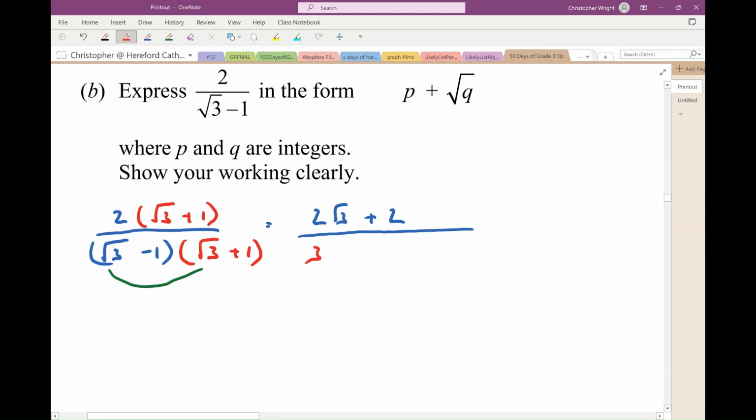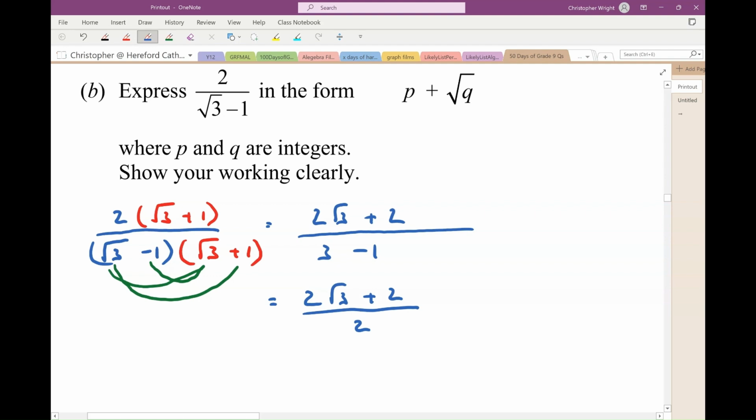Now, sorry, I'll do that in blue. Okay, now what about minus a root 3 and plus a root 3? That's going. So forget about that, that's disappeared. And now I've just got minus 1 times plus 1, which is minus 1. So what I've got here is 2 root 3 plus 2 over 3 take away 1 is 2. Look at that.